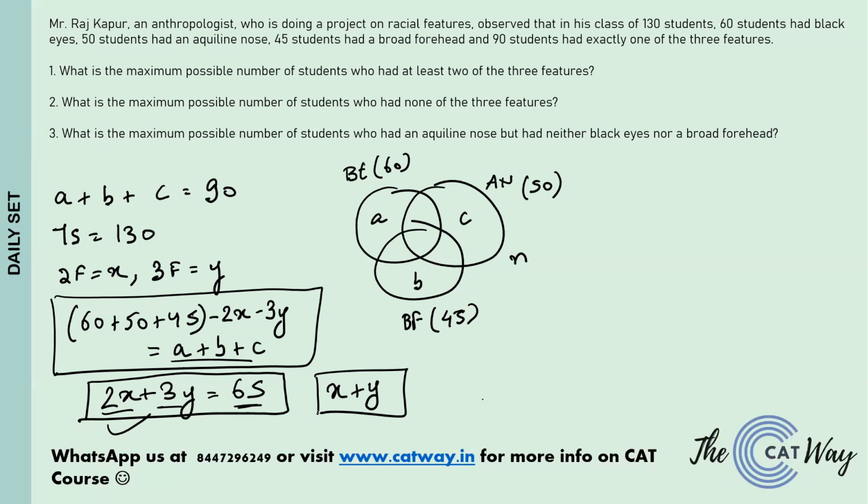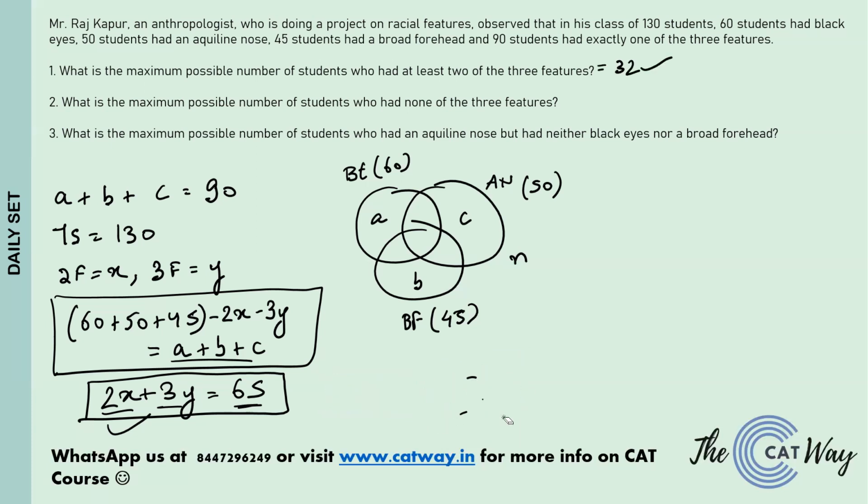If you go ahead with that, by calculation you will find that the maximum value of x would go up to 31, whereas the minimum value of y in that case would be equal to 1. So the total sum of x plus y comes out to be 32. So the correct answer for the first question is 32.